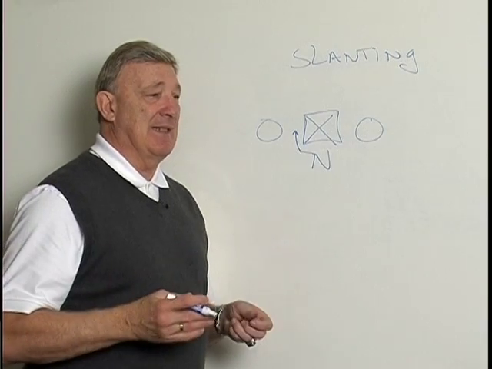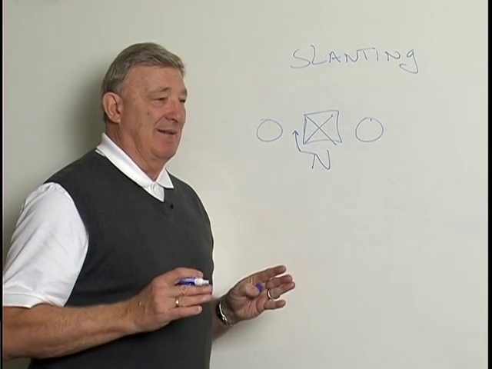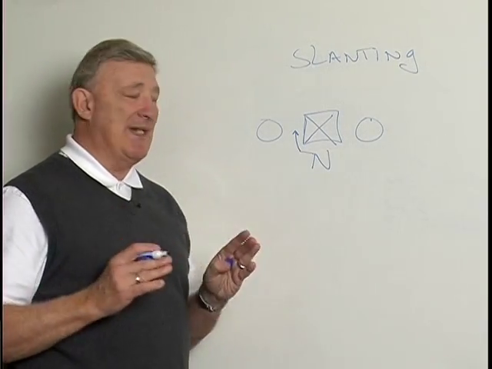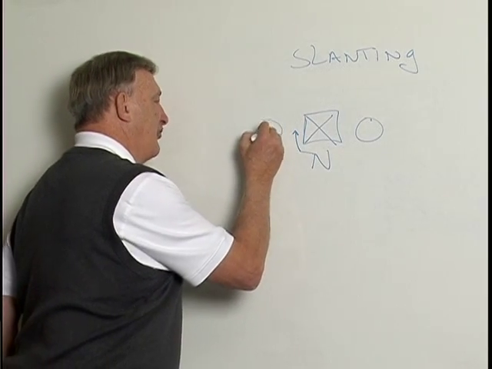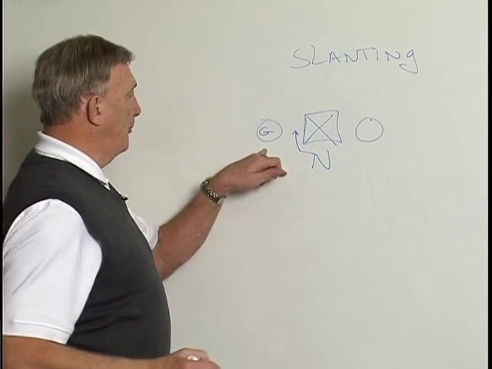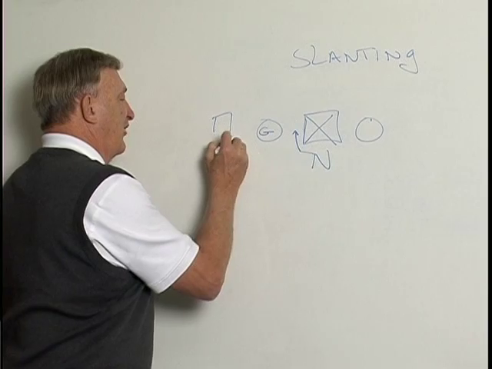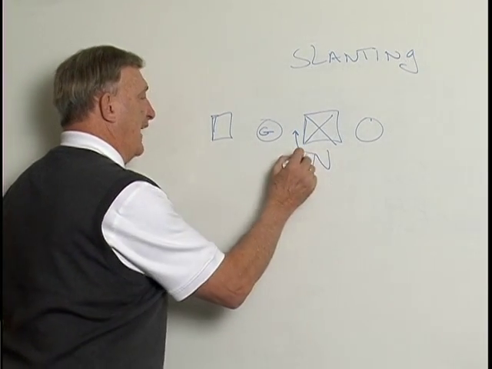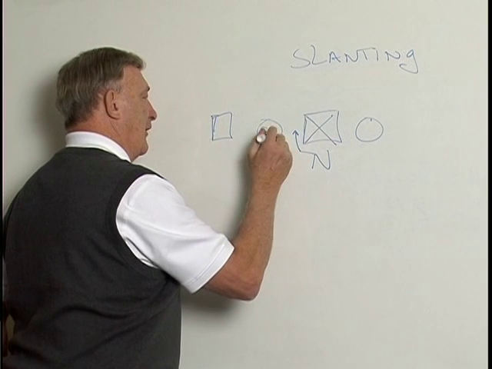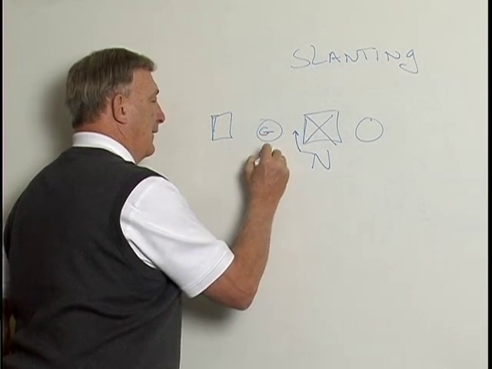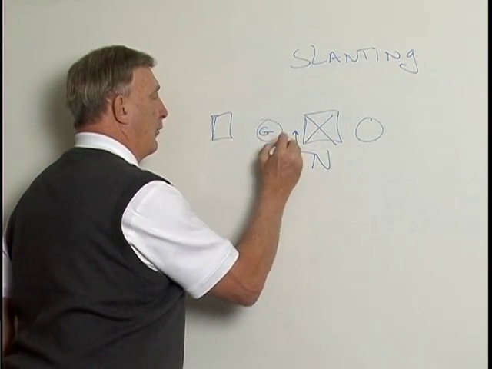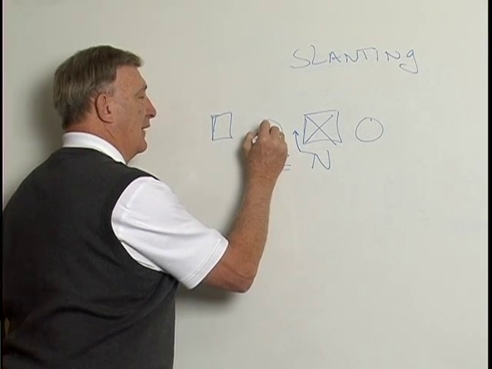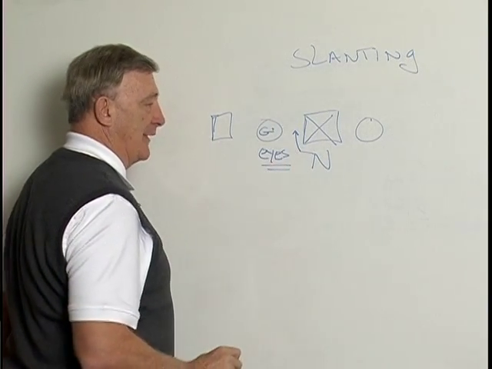Now, the key is when you slant, you have got to read the next guy that you are slanting to. So in this particular case, if we're slanting to the left, as we slant, we're not concerned about the center. Our eyes have got to come right here to this offensive guard. What is this offensive guard doing?